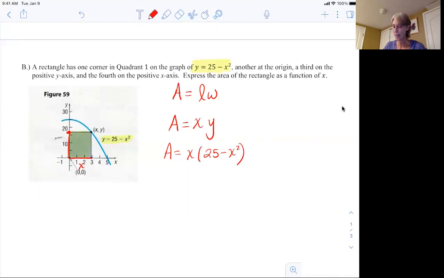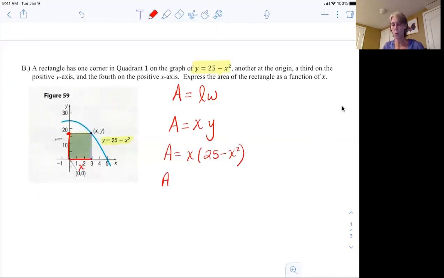We want to make sure we distribute, because we use this later on in the year. So the area of the rectangle as a function of x, that's the notation for it, is going to be negative x cubed plus 25x.